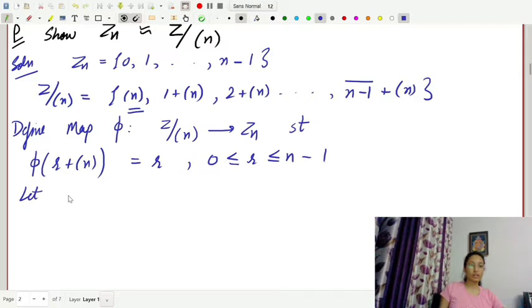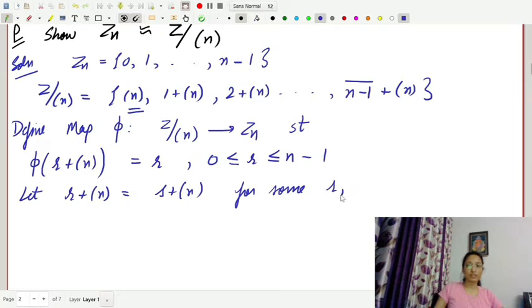Now we have to show phi is one-one and well defined. So for that, what will we do? Let r plus <n> be equal to s plus <n> for some r and s belonging to this set and r not equal to s.